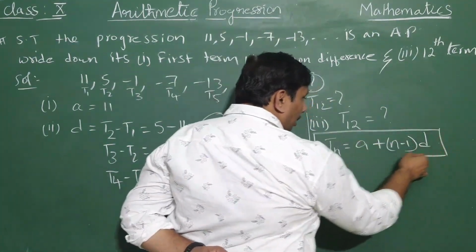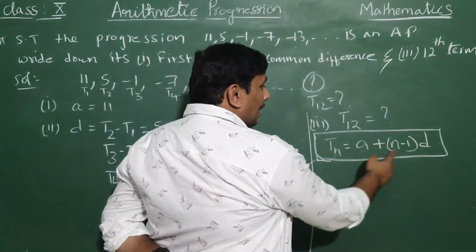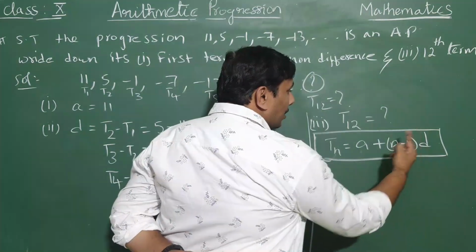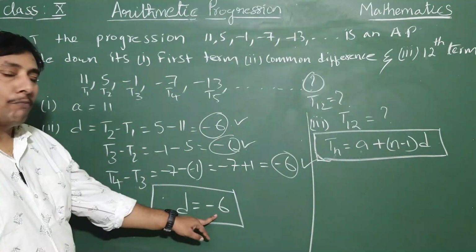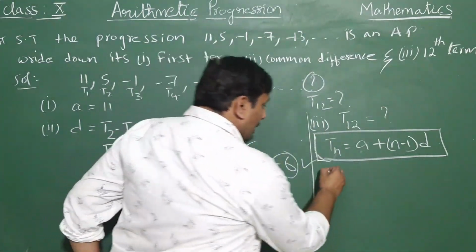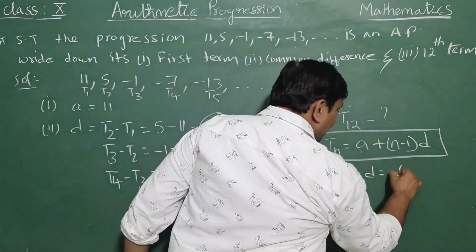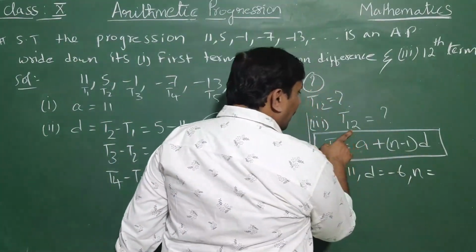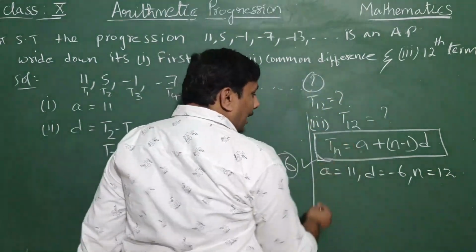This is the formula for finding the nth term. Here we need to know A, N and D. A is 11, D is minus 6, and N is the term we have to find, the 12th term, so N is equal to 12. Substitute these values here.